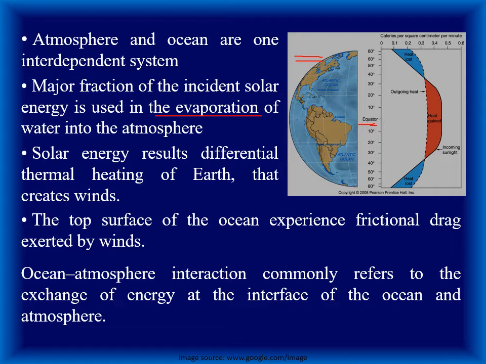Now, in an area where there is a thick atmosphere, the loss of energy will be comparatively more compared to the area where the atmospheric thickness is relatively less. So all the processes, that is absorption, reflection, and scattering, will occur more in the equatorial regions compared to the high altitude areas.